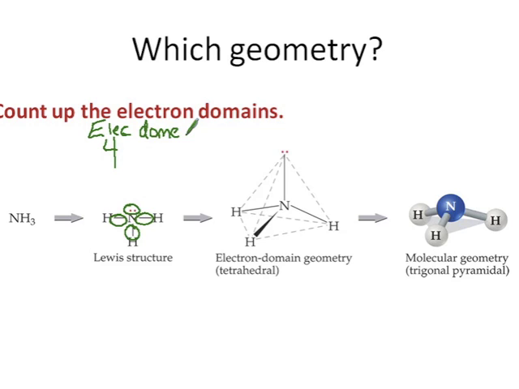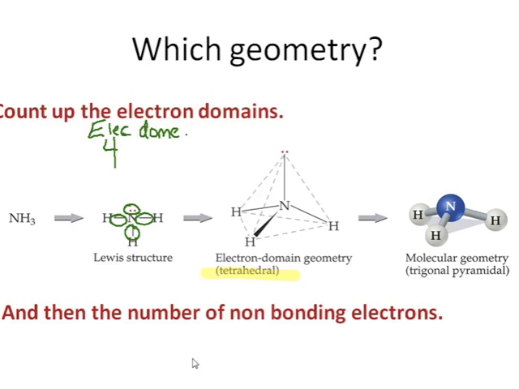So we automatically know if there are 4 electron domains, it has to be tetrahedral. Now, which type of tetrahedral is it? That's where we say, well, of those 4 electron domains, one of those is non-bonded.